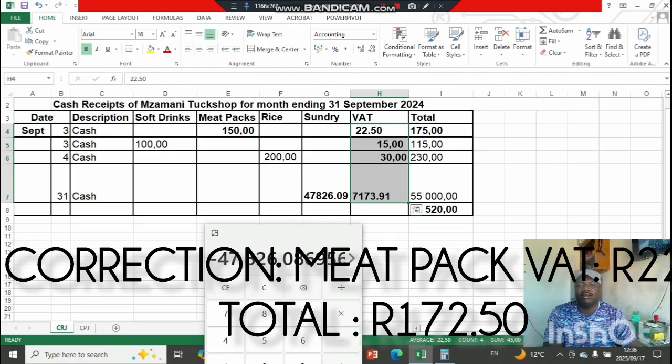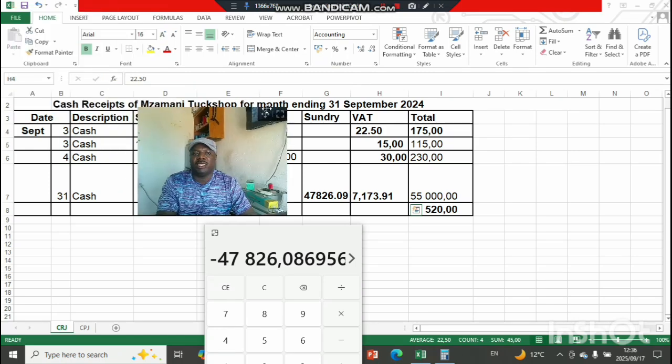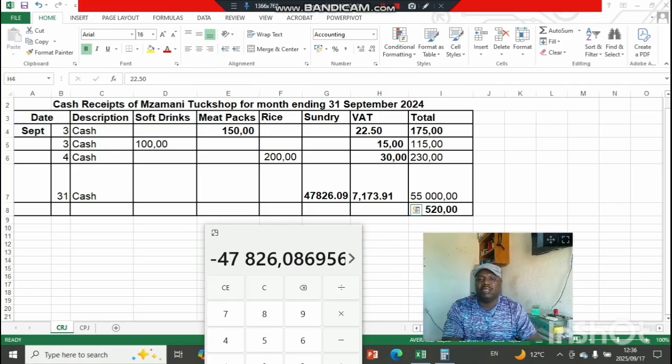So what happens when they've got bad record keeping? What happens is that businesses get into trouble with the tax man for the reason that they will take VAT money and use it.